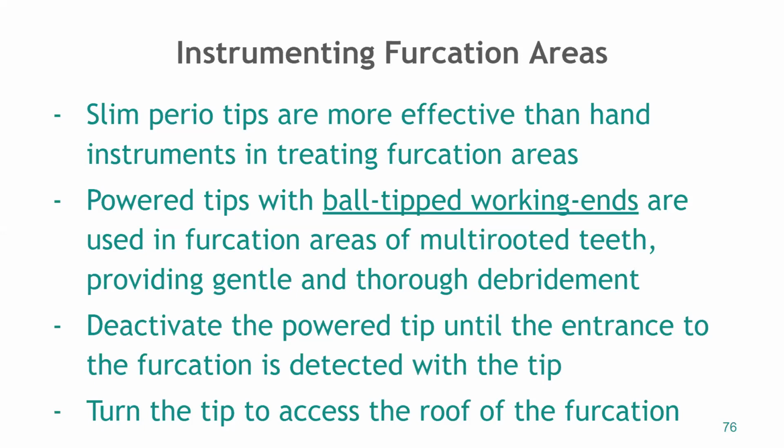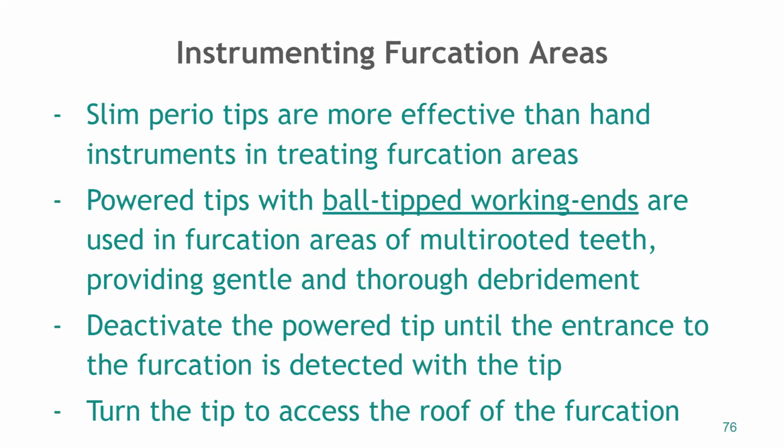So basically, you insert your instrument before activating it, so that you know where you're at, because like I said, your tactile sensitivity is going to be a lot less, especially when the tip is activated. So we explore our way into the furcation and then activate our tip.